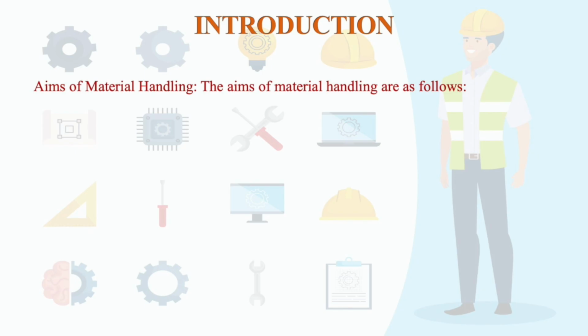Aims of material handling. The aims of material handling are as follows: to economize the cost of material handling. Whatever we are selecting should be economical. The movement should be once and it should be safe, and the equipment should be selected according to the requirement of the material movement.